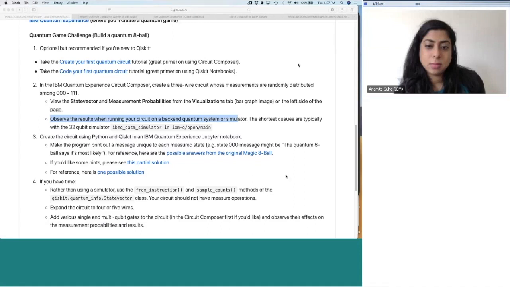James, Mike's got a question about the density matrix representation in the circuit composer. What is this? Density matrix representation is a lot of times used when you're trying to model noise in a quantum system.